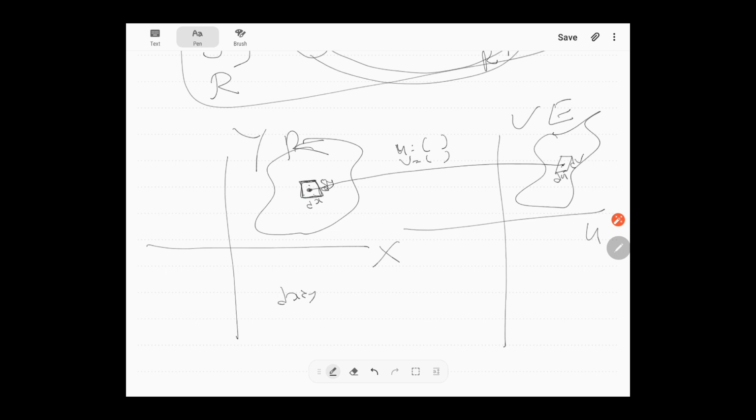It need not be a rectangle; definitely I can say it is a quadrilateral. Now the thing is, are dx dy and du dv the same or not? Here, du dv will be equal to the Jacobian of xy with respect to uv times dx dy.